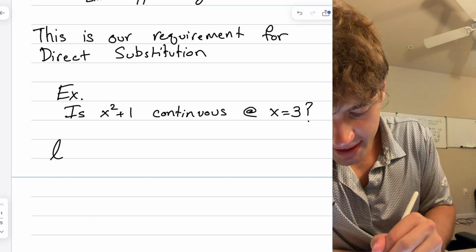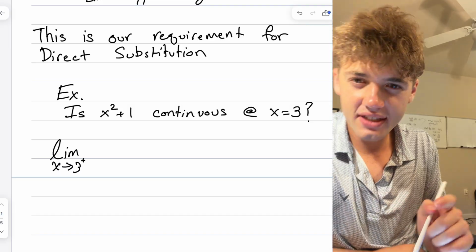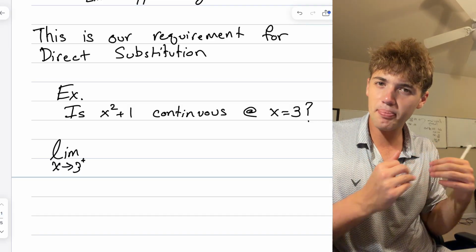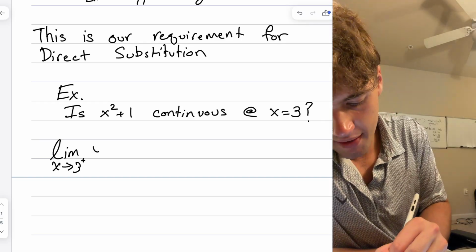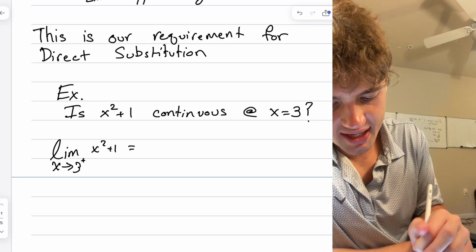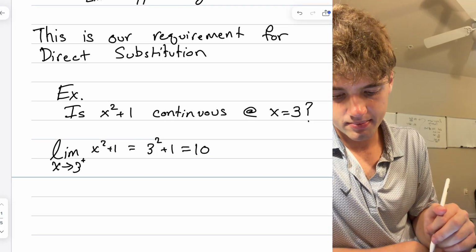So the limit as x goes to 3 from the positive side, because remember, we have to do both sides separately, and that will inform us on our two-sided limit of x squared plus 1. Well, that's going to equal 3 squared plus 1. That equals 10.